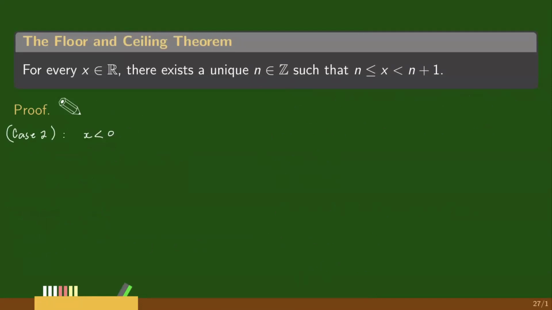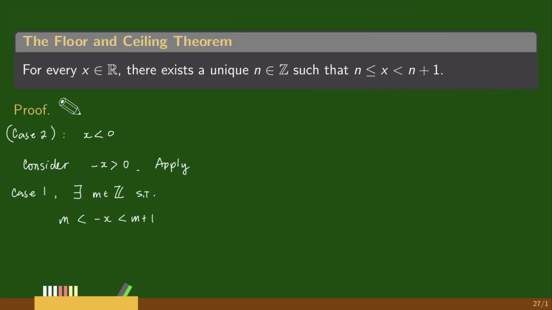So, case 2, x is less than 0. Simply just consider minus x. Pag minus mo si x, positive na yun. Pag positive na si minus x, pwede nyo nang i-apply yung case number 1. So, there exists an integer m that sandwich minus x.